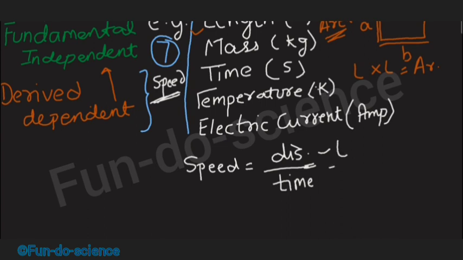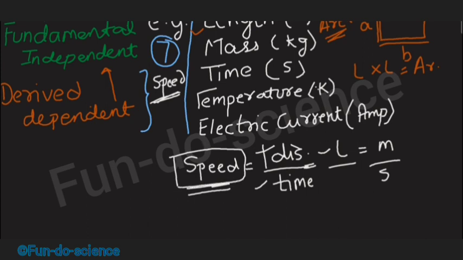So length, which is measured in meter or kilometer, and time, which is measured in seconds. So here this speed is defined by distance and time. So speed is a derived unit, while distance and time are fundamental quantities. This is how we can derive many more quantities on the basis of fundamental quantities.